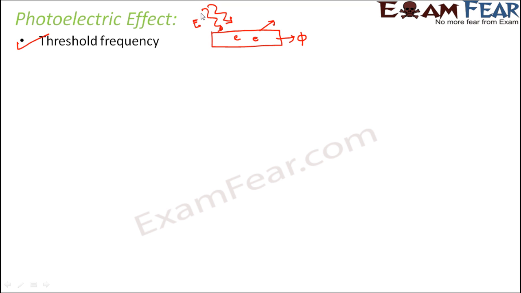So it is quite obvious that this light should have some minimum frequency beyond which only the emission of electrons would take place. That minimum frequency is called the threshold frequency. Threshold generally means something which is at the minimum of what is required. It is generally denoted by nu naught. So normally the frequency of incident light is nu, but when it is the threshold frequency, it is nu naught.